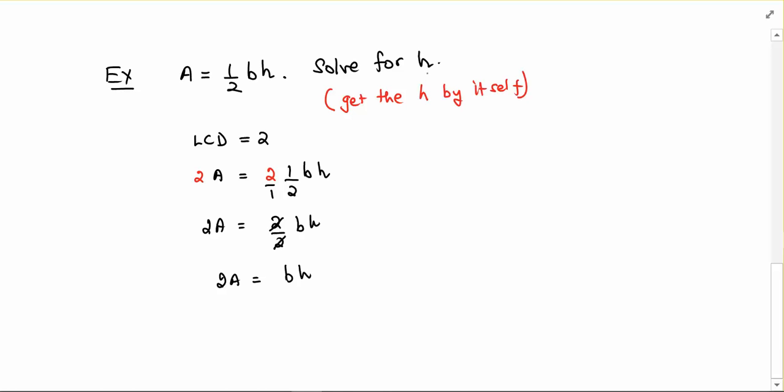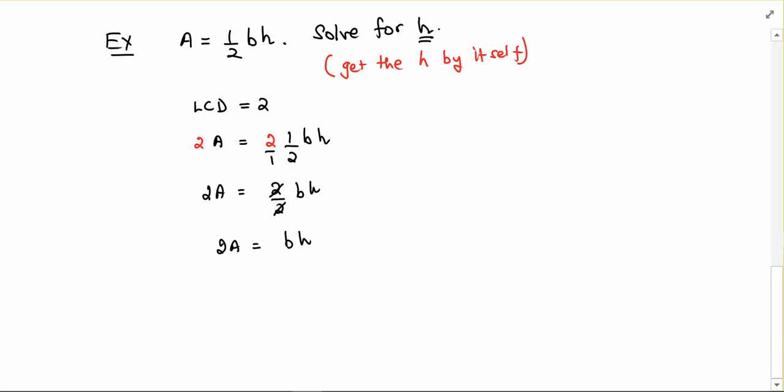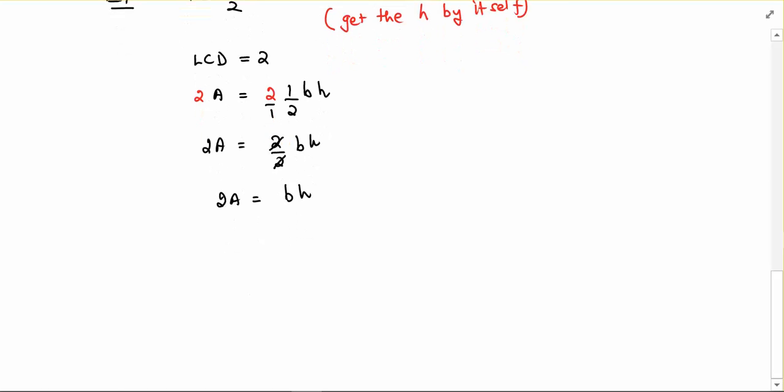Now remember, solve for H, right? So once you've cleared the fraction, you can now think about isolating the H. So how can I clear the B out of there? What is the multiplicative inverse of B? That would be 1 over B. So I'm going to multiply both sides by 1 over B. So 1 over B on the left side times 2A over 1 equals 1 over B on the right side times BH over 1.